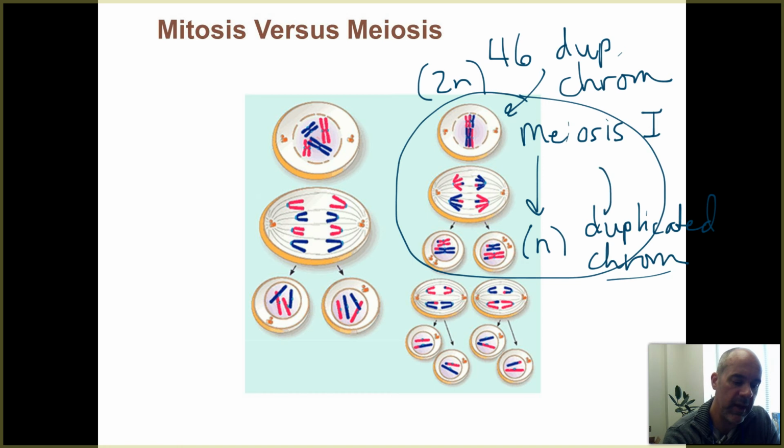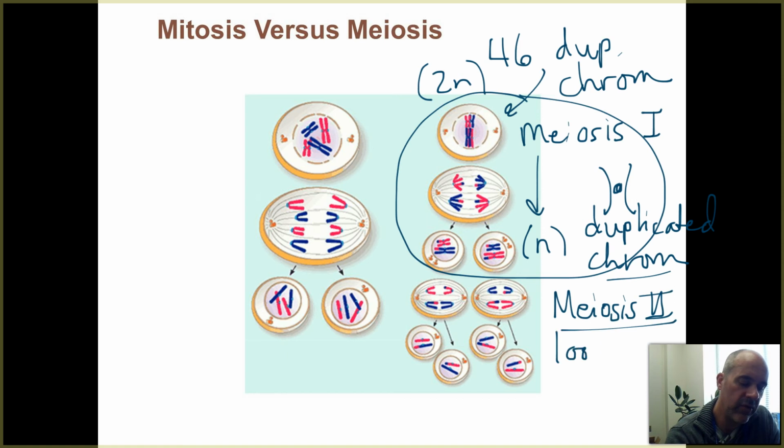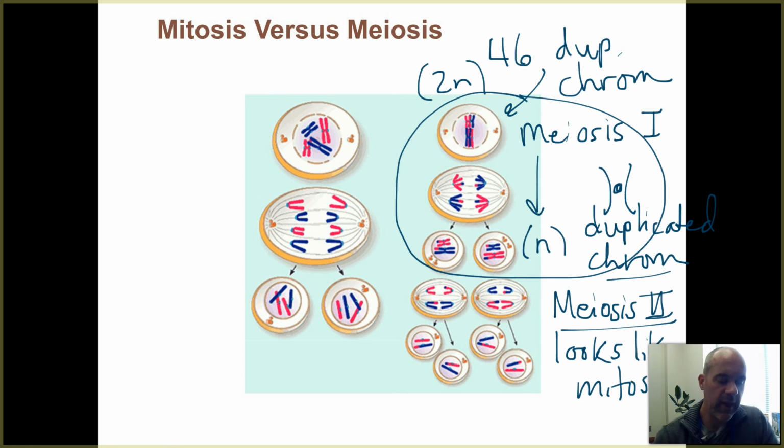They're still held together in the center, and they have that X configuration. Okay? Then for meiosis 2, meiosis 2 looks like mitosis. That's where the 2 copies of your duplicated chromosomes get pulled apart into each daughter cell.